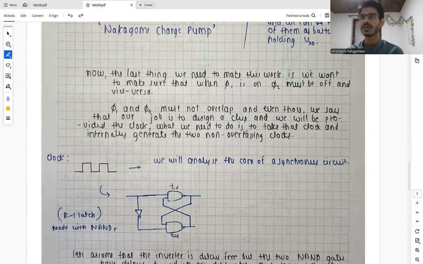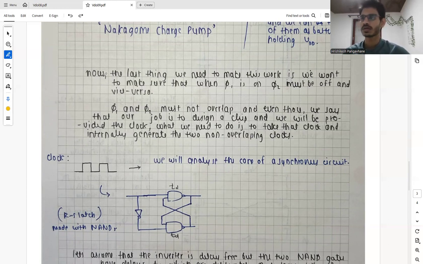And even though our job is to design the circuit or the chip, and we will be provided with the clock externally, what we need to do is to take that clock, and internally we have to generate two non-overlapping clocks, because we need two clocks if we talk about two different phases.